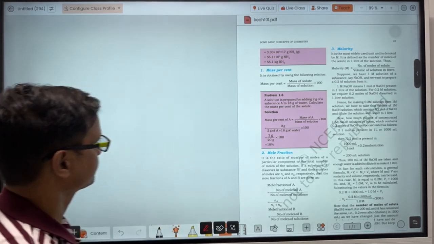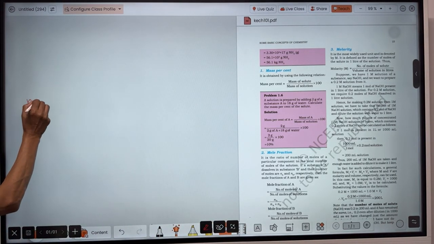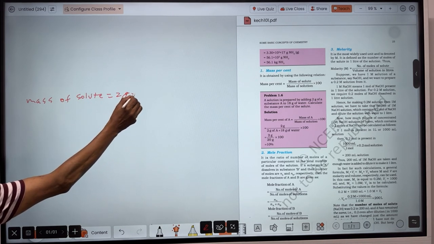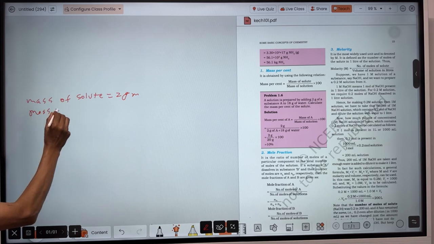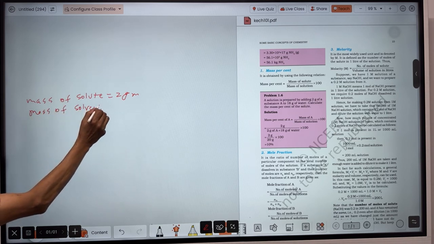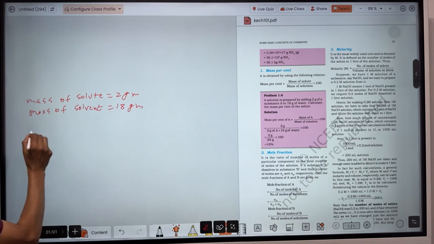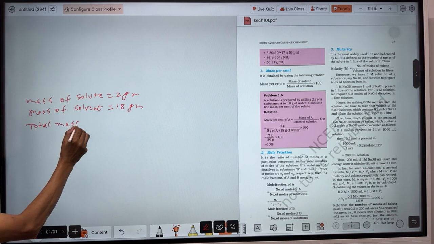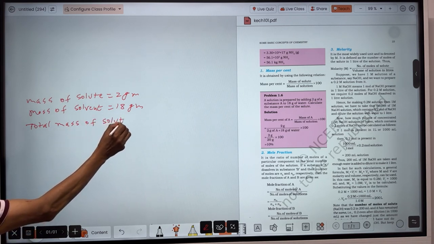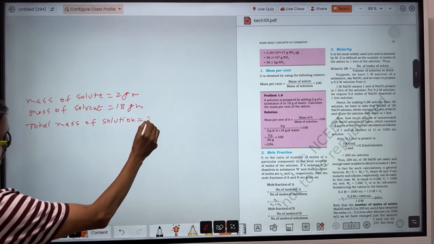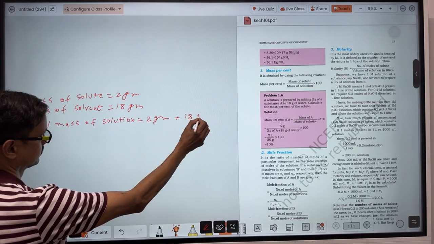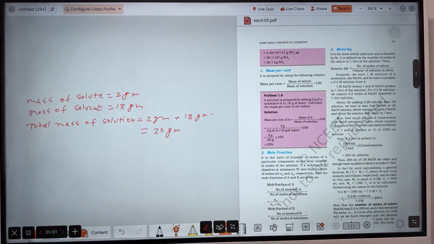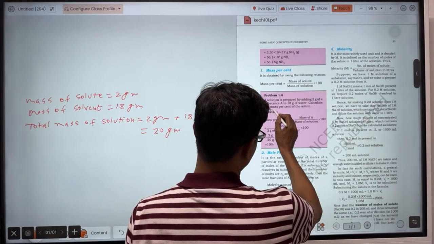Let's see here. So mass of solute will be how much? 2 gram, and mass of solvent will be 18 gram. So total mass of solution will be how much? It is asking mass percent of solute.